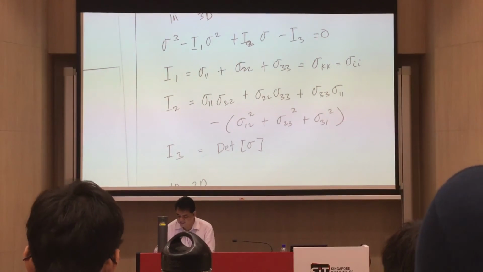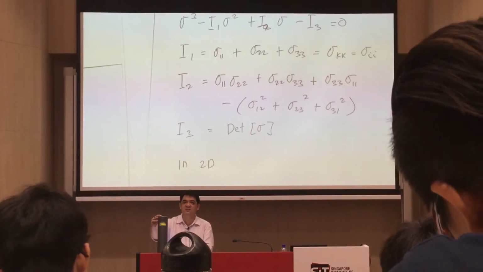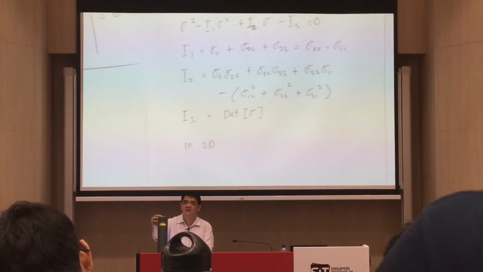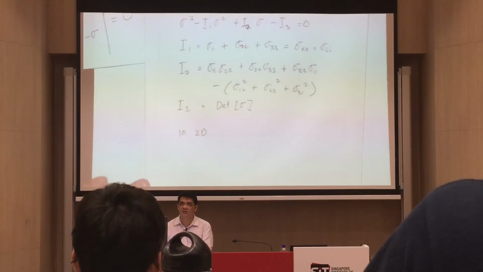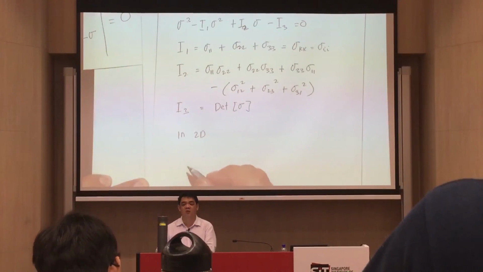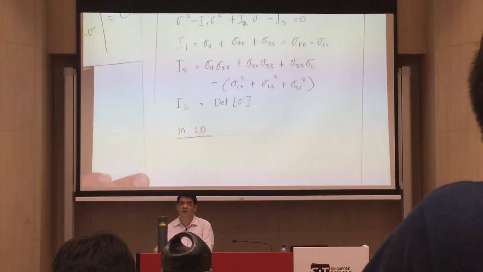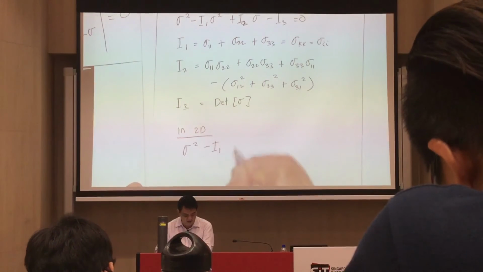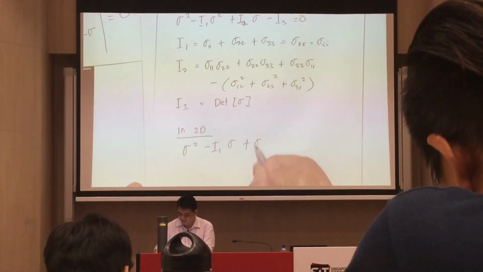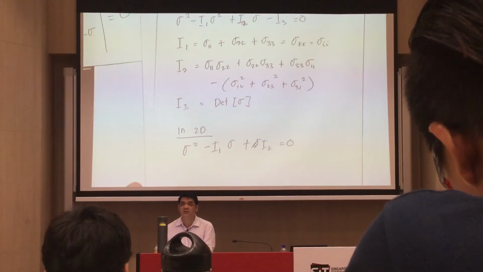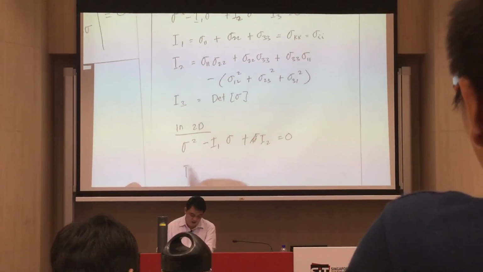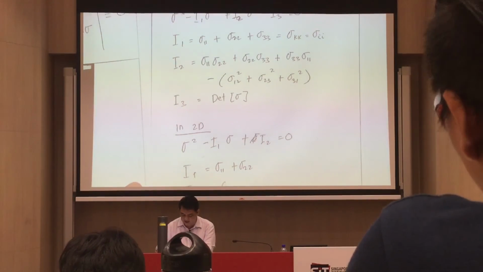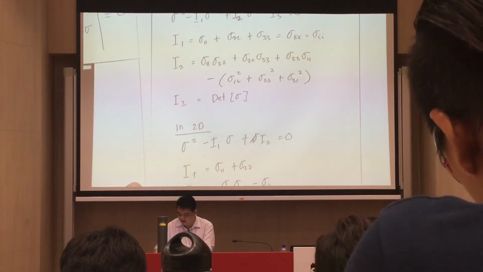In 2D, of course, we already discussed plane stress and plane strain. Your equation to solve for the principal stresses will be a quadratic equation because you only have two roots. That will be sigma squared minus I1 sigma plus I2 equal to 0, where I1 is simply sigma 1 1 plus sigma 2 2, and I2 is sigma 1 1 sigma 2 2 minus sigma 1 2 squared.